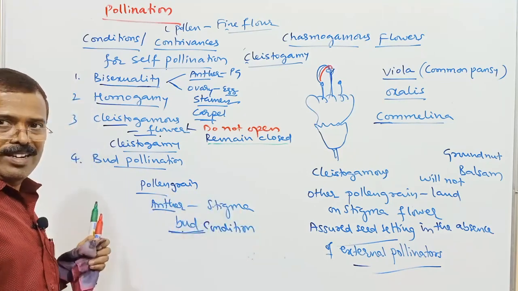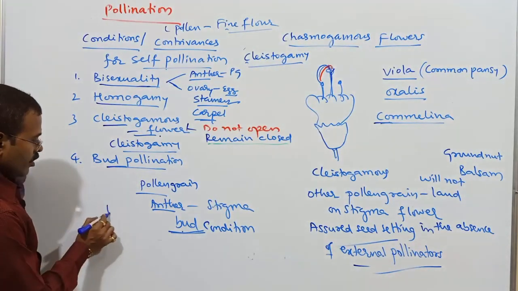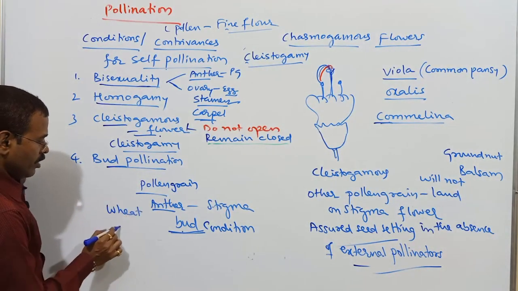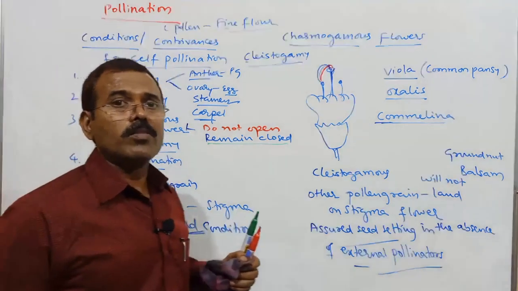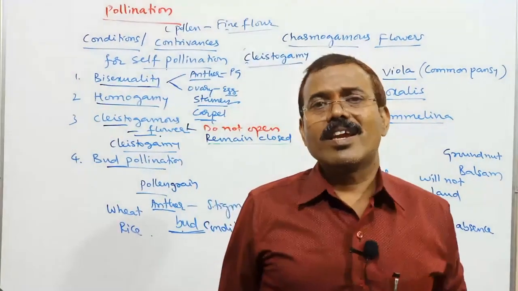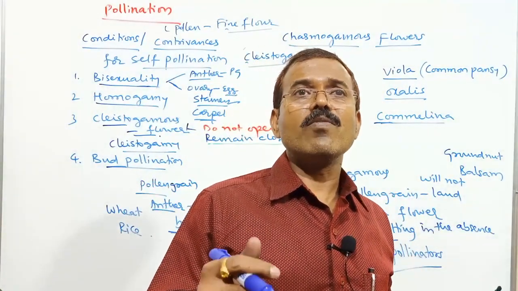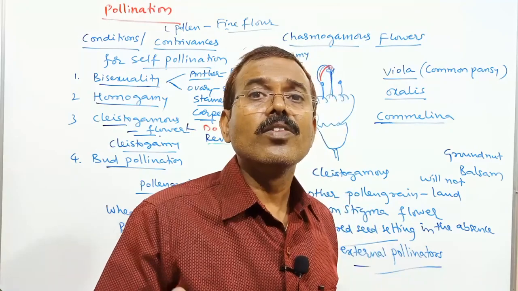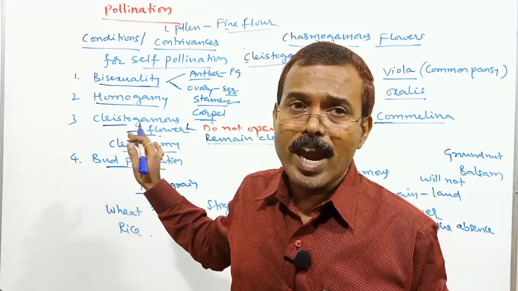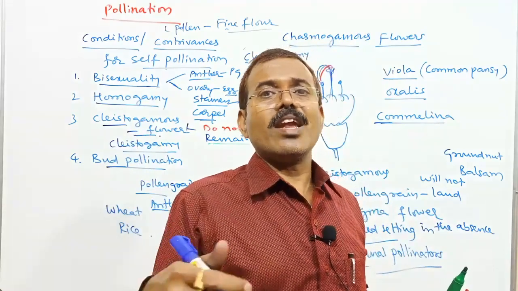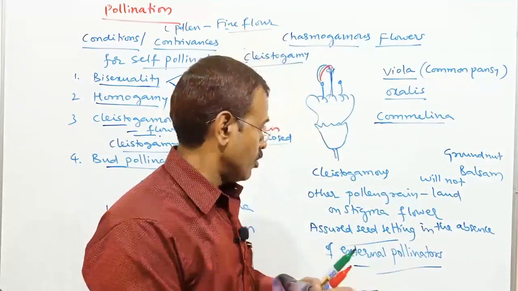That we call bud pollination. Examples are wheat and rice, in which you can see bud pollination. So these are the conditions or contrivances for self-pollination. Transfer of pollen grains from anther to the stigma of the same flower is known as self-pollination or autogamy. So now, what are the advantages and disadvantages of this autogamy?